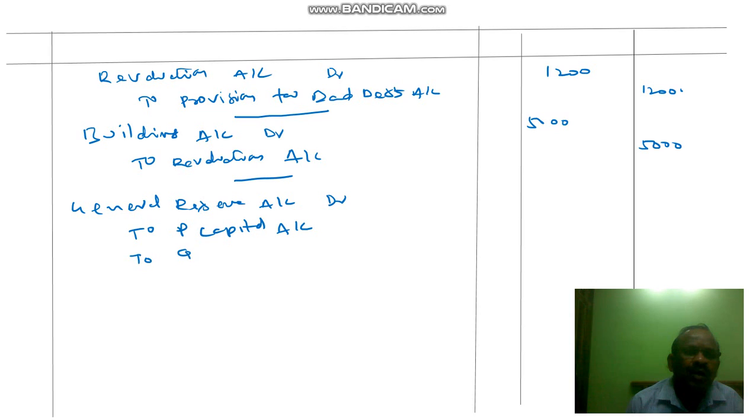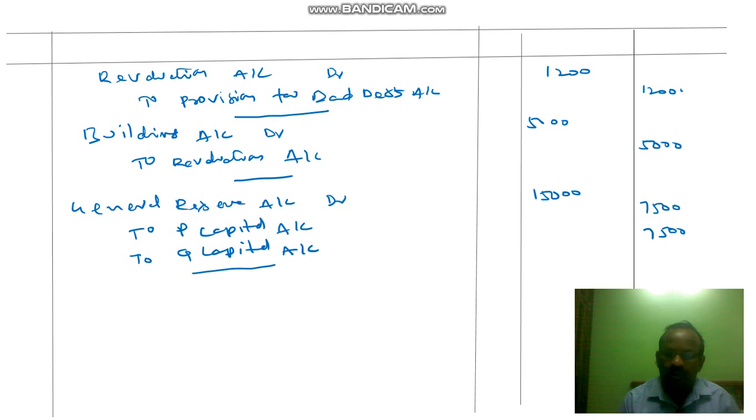That's why we will distribute that amount between the two partners, that is the 15,000. They are equal partners, that's why that amount is distributed among both parties.